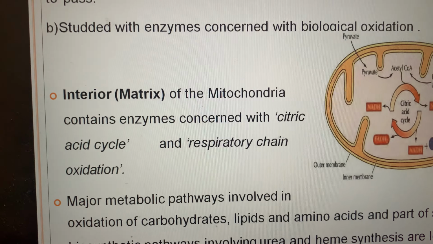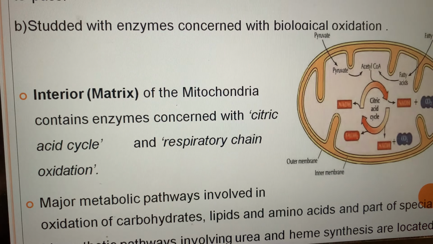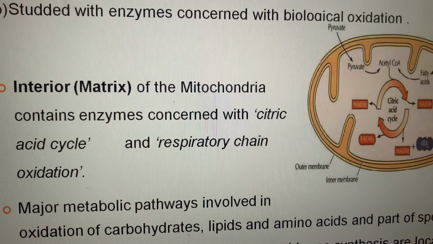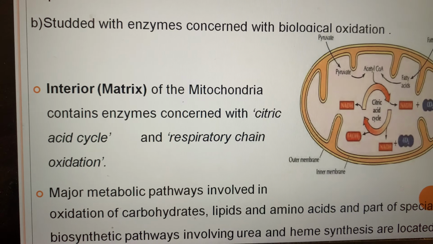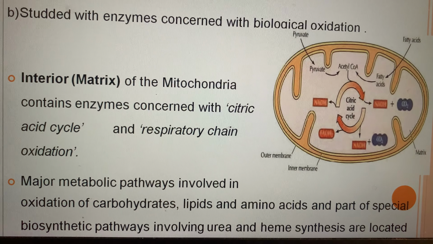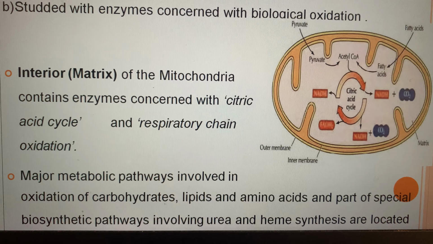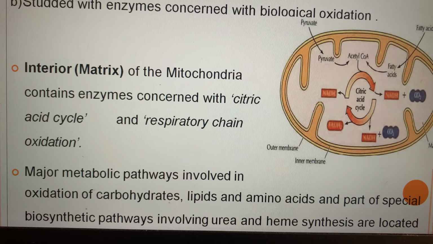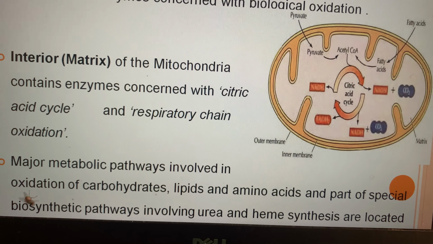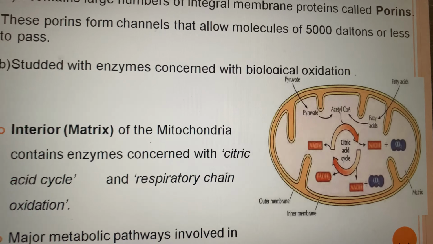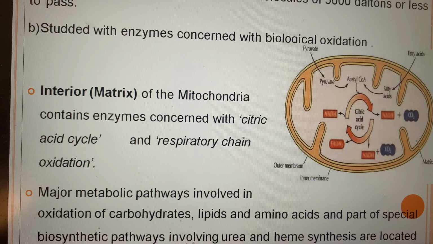The interior, the matrix of the mitochondria, contains enzymes concerned with the citric acid cycle and respiratory chain oxidation, or ETC. Major metabolic pathways involved in oxidation of carbohydrates, lipids, and amino acids, and special biosynthetic pathways involving urea and heme synthesis, are located inside the mitochondria.